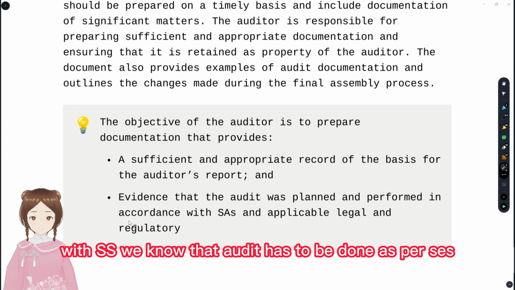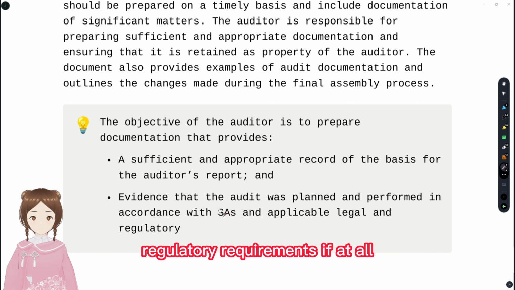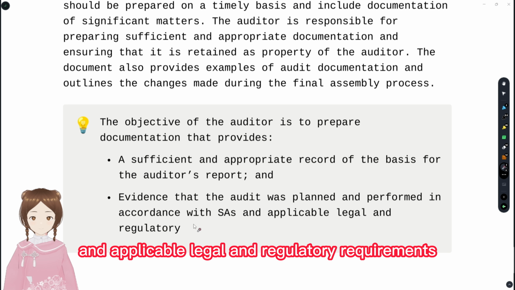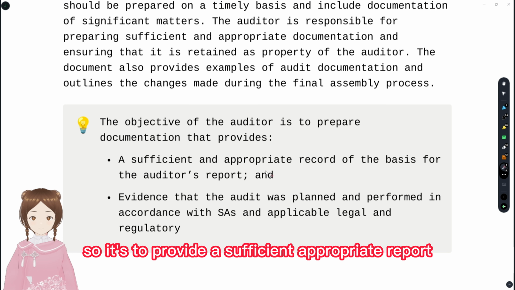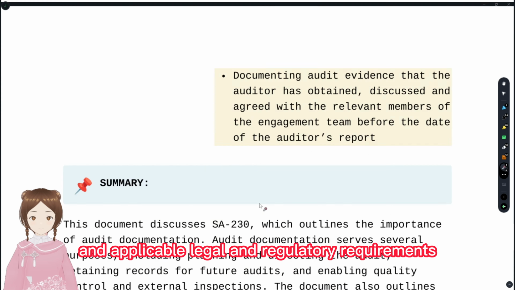We know that an audit has to be done as per SAs and other legal or regulatory requirements, if at all he is working in specialized entities like banks and insurance. So it's to provide a sufficient and appropriate record and evidence that the audit was planned and done as per SAs and applicable legal and regulatory requirements.